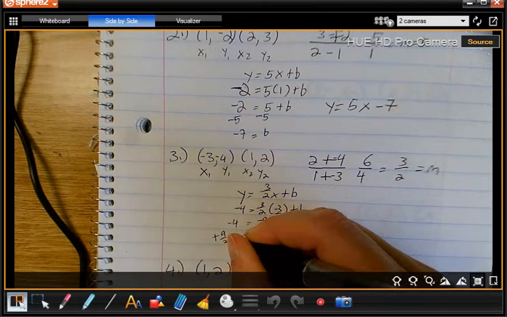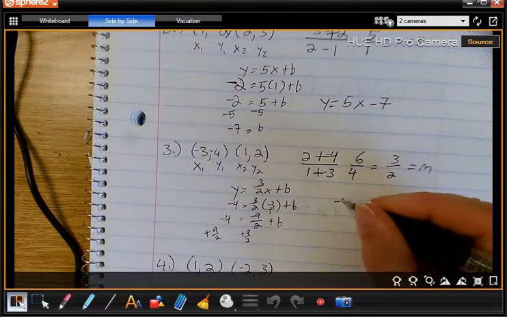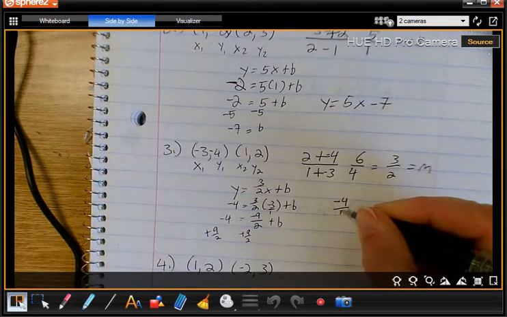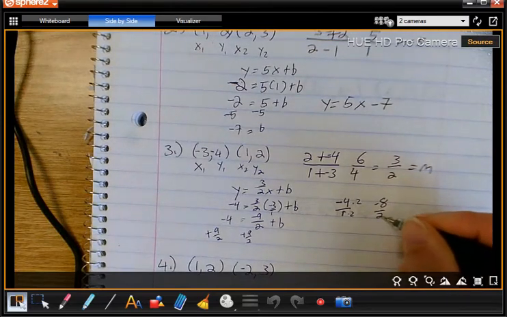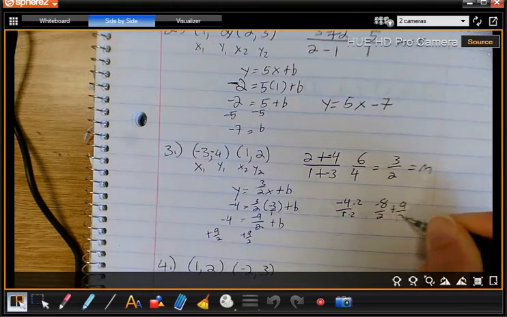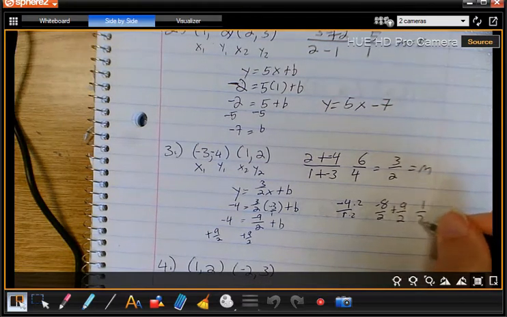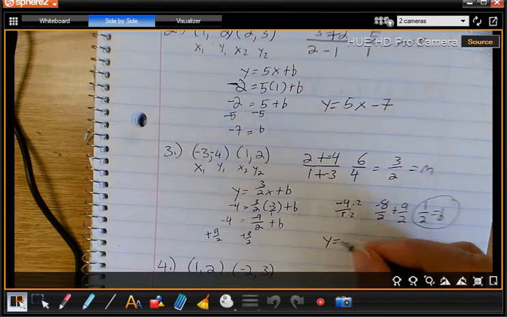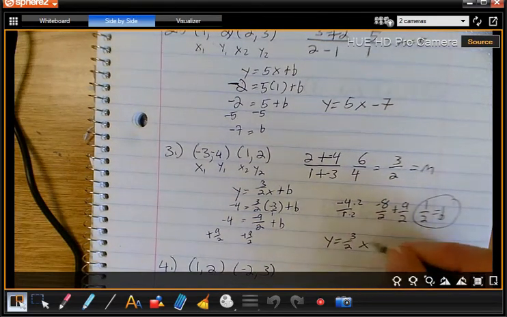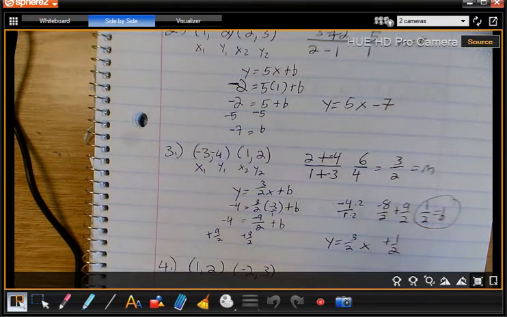And this is where it gets a little complicated because we do have a fraction here. So if we want to put a 2 on the bottom of 4, I'm going to get negative 8 over 2 plus 9 over 2. Negative 8 plus 9 is just 1 over 2. So that's my b. So my equation is y equals 3 halves x plus 1 half. So I know there was a fraction in there, but it's still okay. We're still doing good.